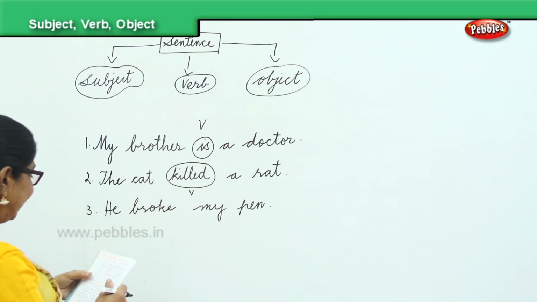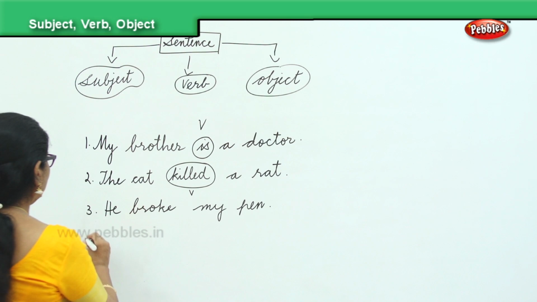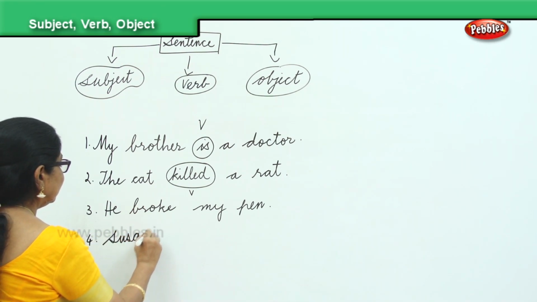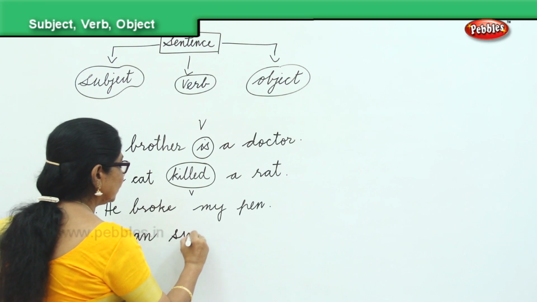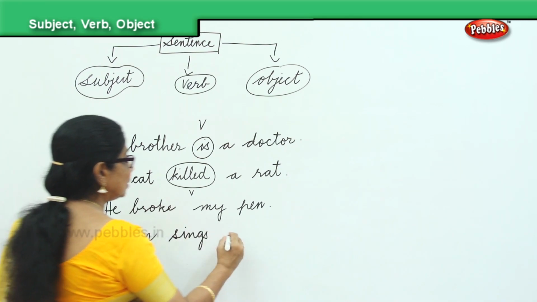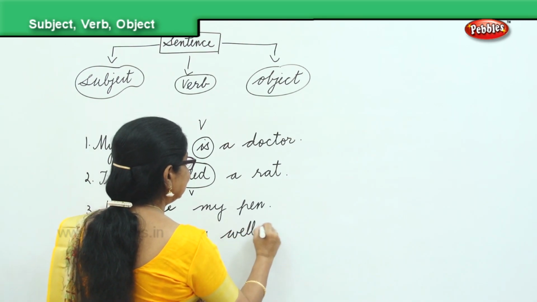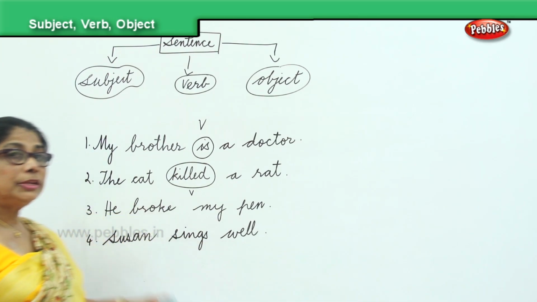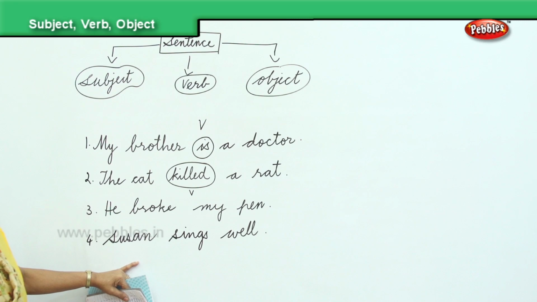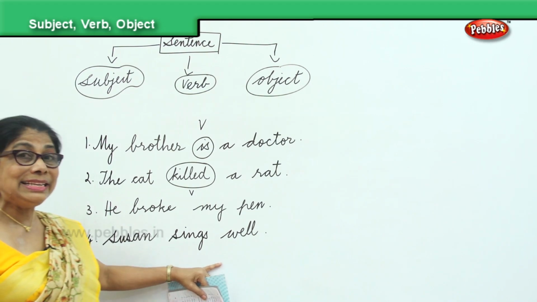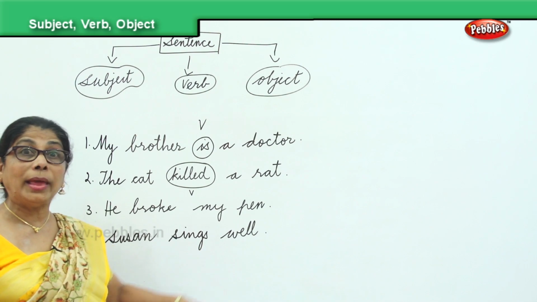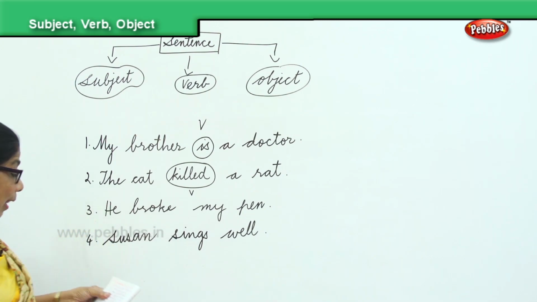Now you can say, Susan sings well. It begins with the capital letter and ends with the full stop. Susan is the subject. Where is the verb? Sings is the verb. And how does she sing? She sings well.